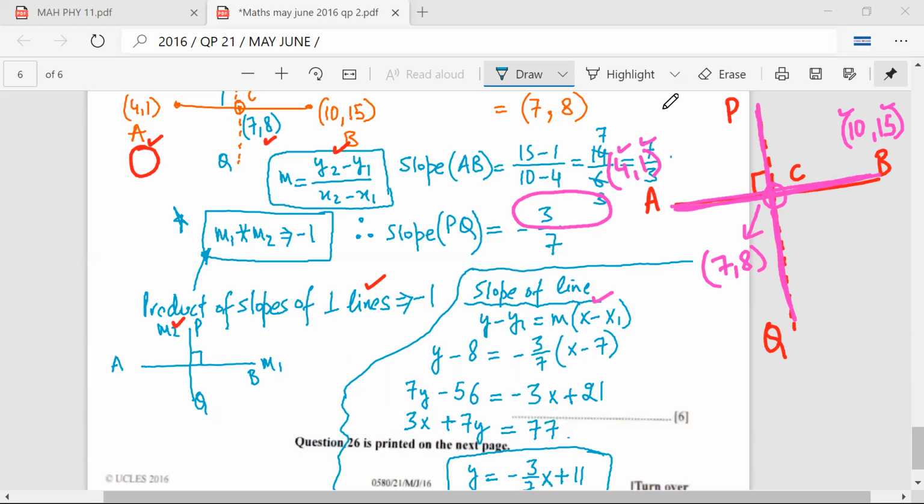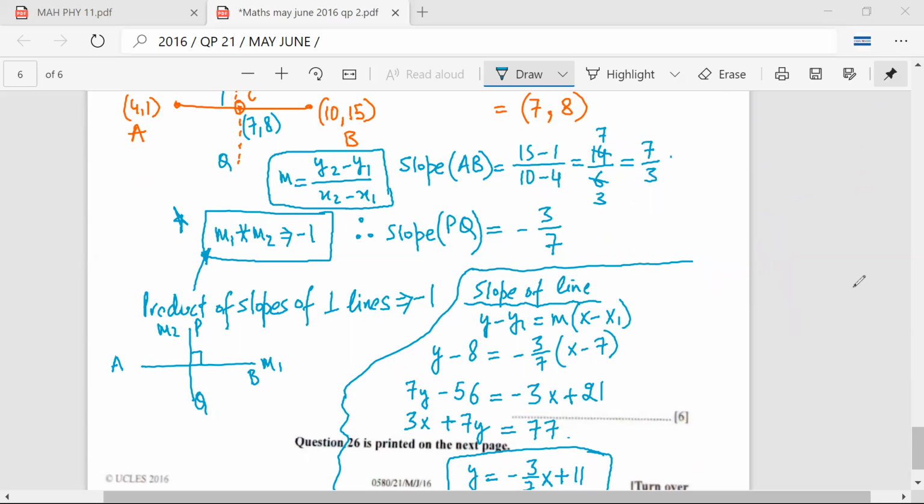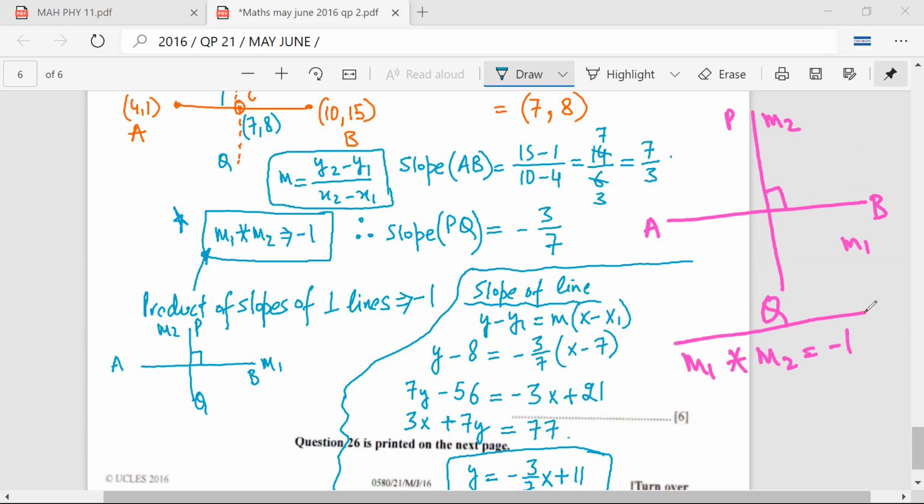So if you remember, this is the formula that I have: if AB is a line which has a slope m1 and PQ is a line which has slope m2, and these two lines are perpendicular, then m1 into m2 would be equal to -1. Mr. Rudra, any doubt? No, sir.